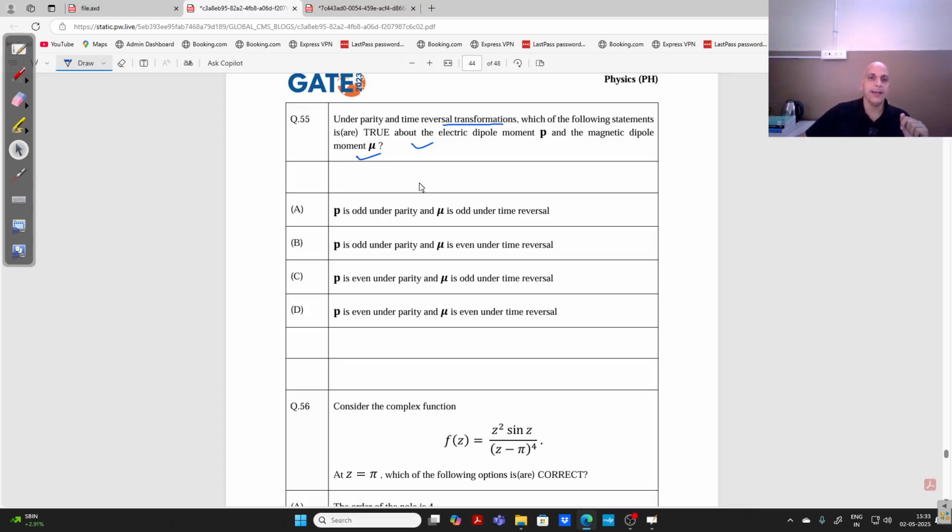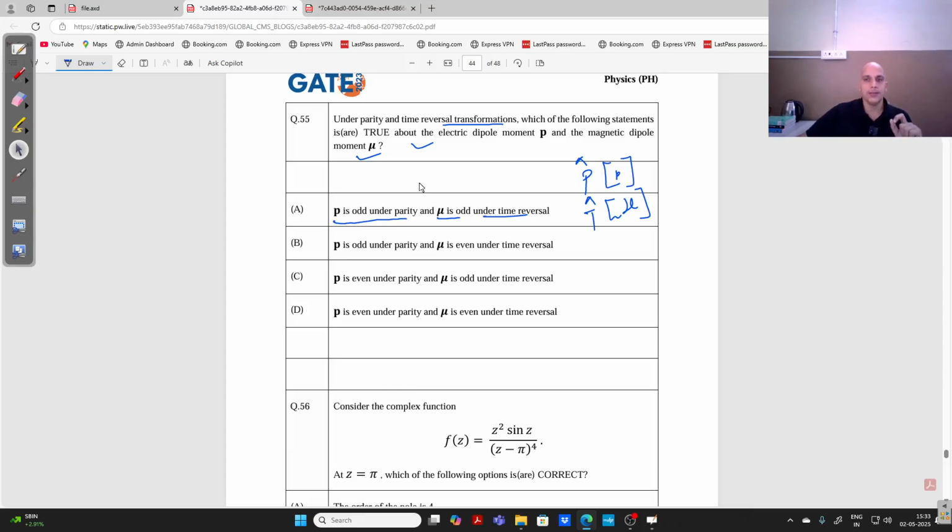We know very well, as far as the electric dipole moment, they are taking P as odd under parity and mu as odd under time reversal. I mean, they are applying the parity operation on linear momentum, whereas they are applying the time reversal operation on the magnetic dipole moment mu.